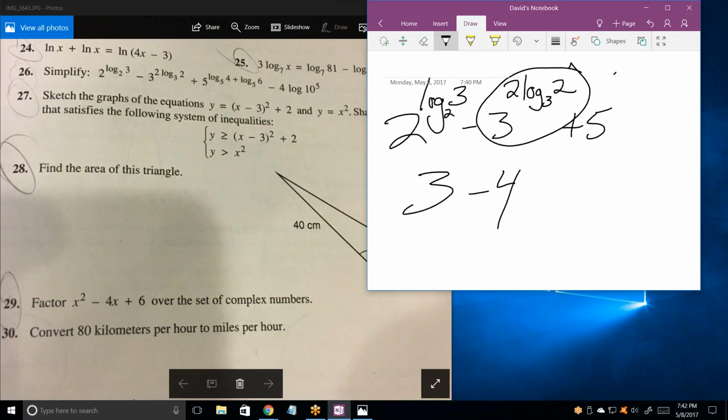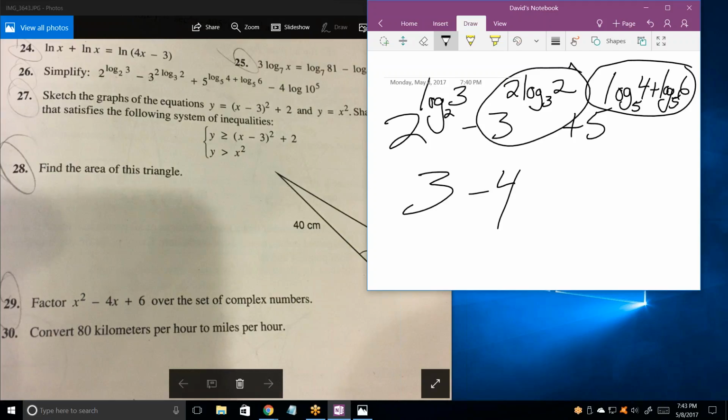5 to the log base 5 of 4 plus log base 5 of 6. What's that equal to? Simplify that first. Would that be 4 times 6?